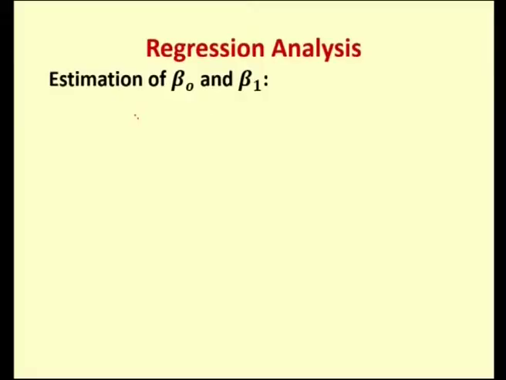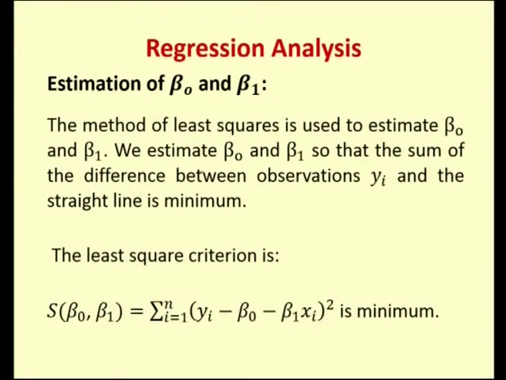Least square estimators of beta naught and beta 1 are denoted by beta naught cap and beta 1 cap, and they must satisfy the equations dou S by dou beta naught equal to 0 and dou S by dou beta 1 equal to 0. Here we defined S as summation yi minus beta naught minus beta 1 xi the whole squared.